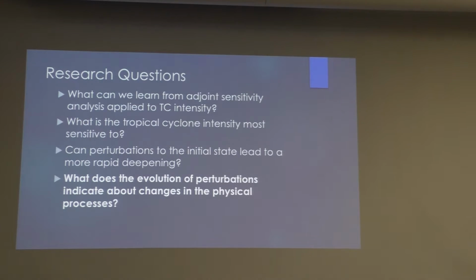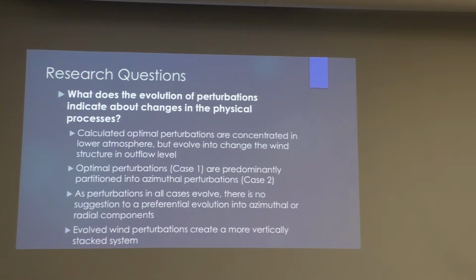So again, going back to research questions, what does the evolved perturbations indicate about the physical processes? Well, we can see that the calculated optimal perturbations are concentrated in the lower part of the atmosphere, but evolve to change the wind in the outflow level. Additionally, optimal perturbations in the full perturbed case are predominantly partitioned into the azimuthal components of the wind.